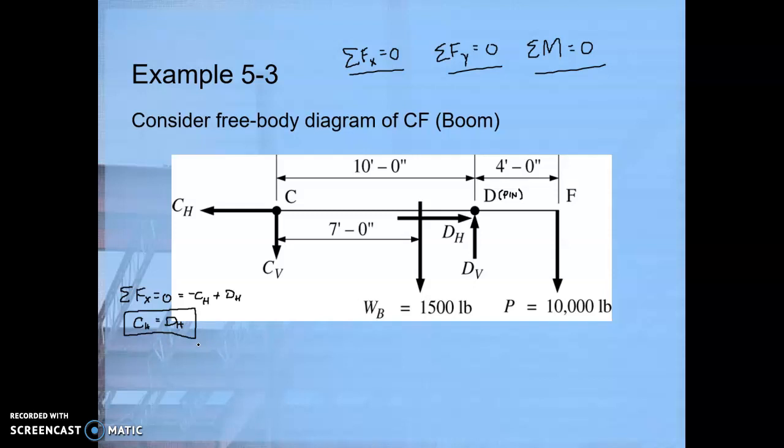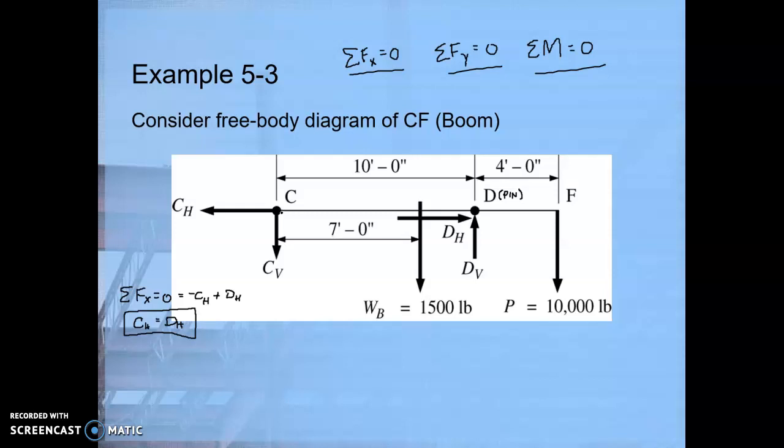So let's look at vertical reactions, or rather, let's find some vertical reactions by summing moments. So in the vertical reaction, we have CV, that's an unknown. We have DV, that's an unknown. And that's it. We know the other two vertical forces here. So I only have the two unknown vertical forces.